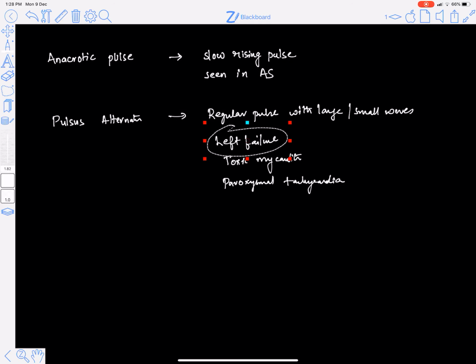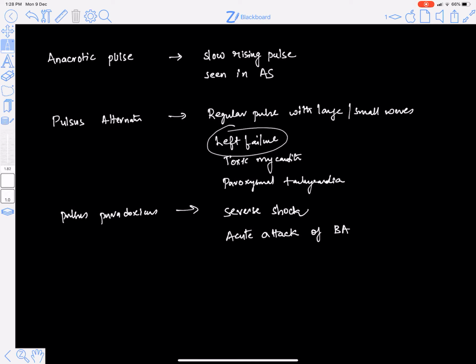And the next goes with pulsus paradoxus, which is seen in the case of severe shock and seen in the case of acute attacks of bronchial asthma.